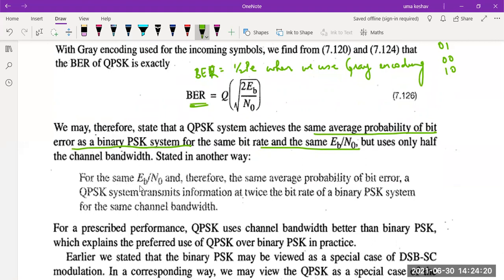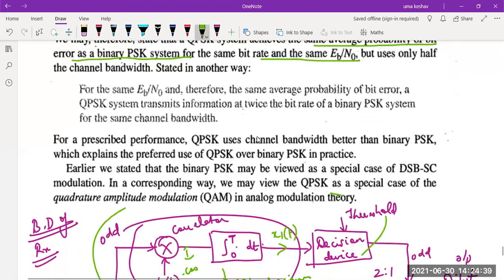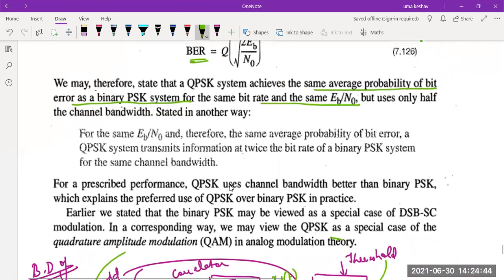For the same signal to noise ratio, as you can see, and the same average probability of bit error, QPSK systems will transmit 2 bits of information where BPSK could transmit only 1 bit. Hence, QPSK gives you a better performance than BPSK in terms of bandwidth usage. And remember, we are comparing both for getting the same bit error rate and what? The same signal to noise ratio.